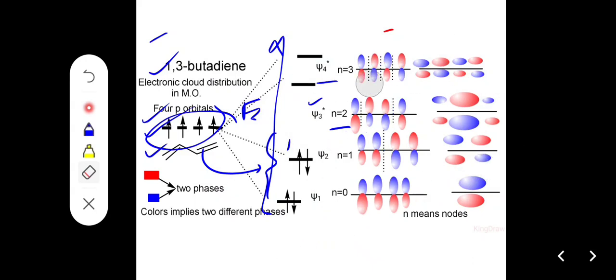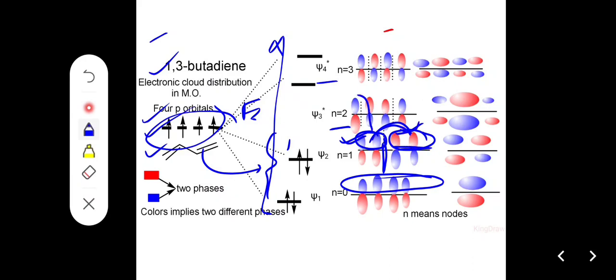So we get here all phases the same. Due to 1 node we get 2 phases the same, and its corresponding opposite phase is there. There should be 1 phase and its corresponding opposite phase is here. Now due to 2 nodes, these 2 are the same phase and these 2 are the different phase.